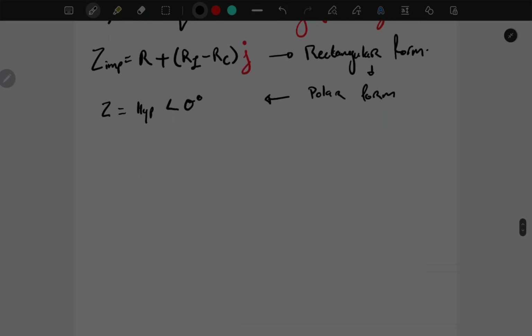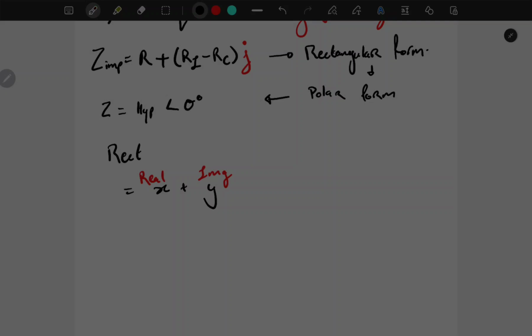So what does that mean? In your rectangular form you have your x, which is your real number, and then plus your y, which is your imaginary number, right?